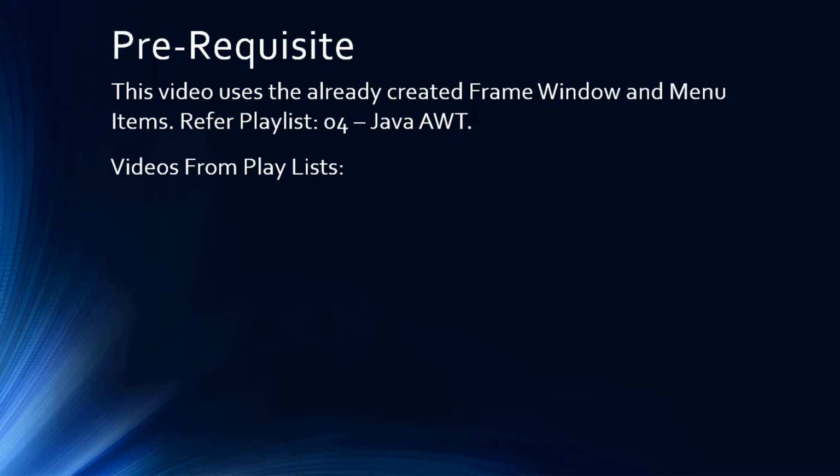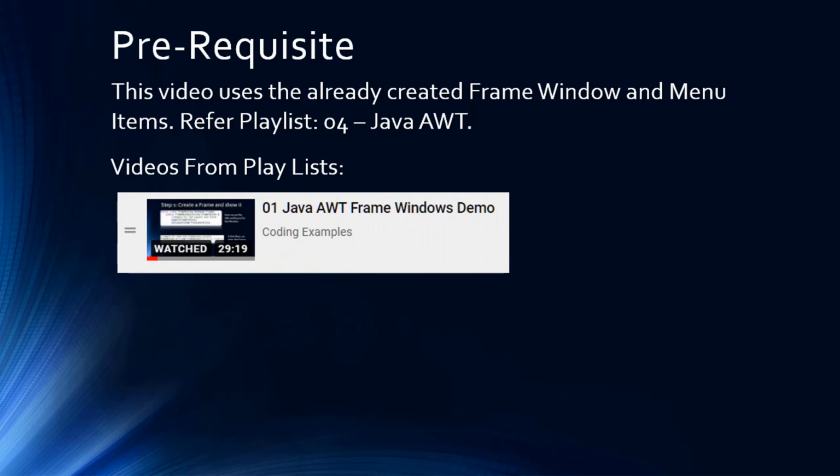In that, look at the very first video. This video has information about how to create a frame window. First you have to go through this video and create a frame window. Then you can proceed with the present video, where we are creating the dialog.